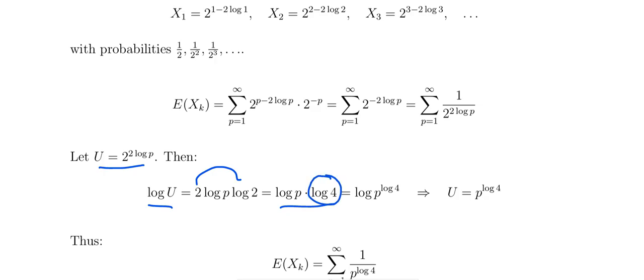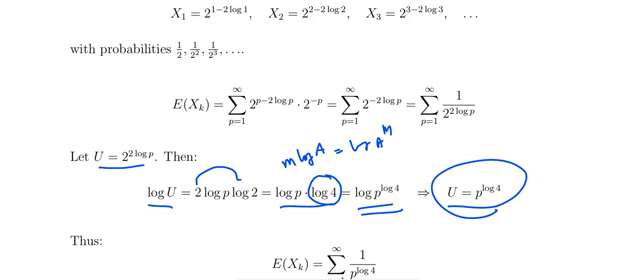Product rule apply பண்ணுங்க. இது வந்து power க்கு போயிடுது, that is m log a is log a power m. திருப்பி once again, இதில் இருந்து ரெண்டு பக்கம் log cancel ஆச்சுன்னா u equal to p power log 4. Okay, so this is u equal to p power log 4.